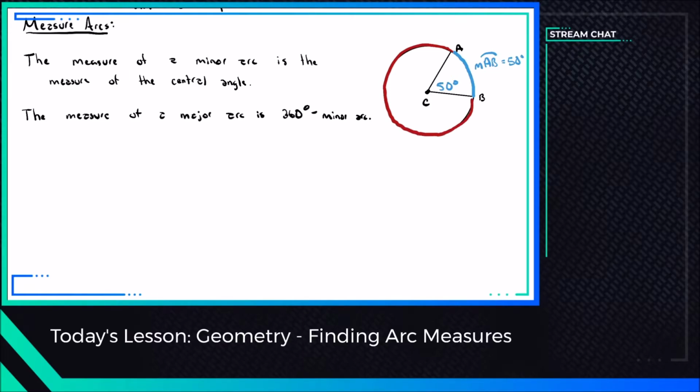That's going to be our major arc, and we're going to say that the measurement of arc ADB is going to be equal to 360 degrees minus 50 degrees, or 310 degrees.